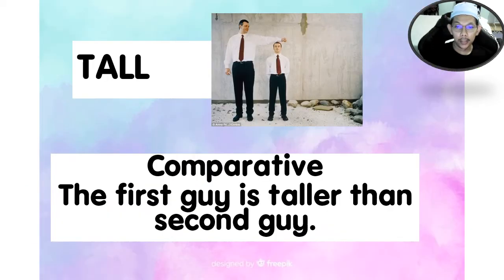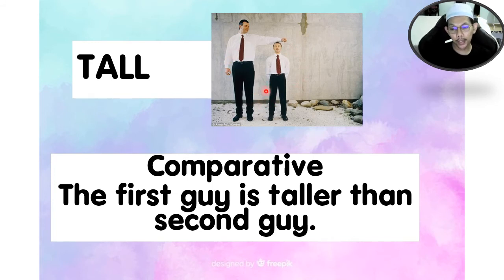Okay, let's see the next example. You can see the two guys here. The adjective to describe those two guys is tall. Tall, what is tall in Malay? Tinggi. Which one is the taller one? You can see the first guy is taller than the second guy. What do we call this process?